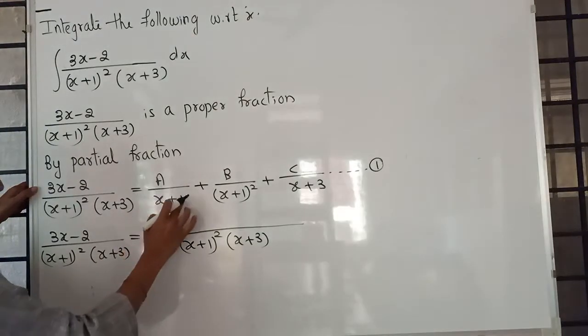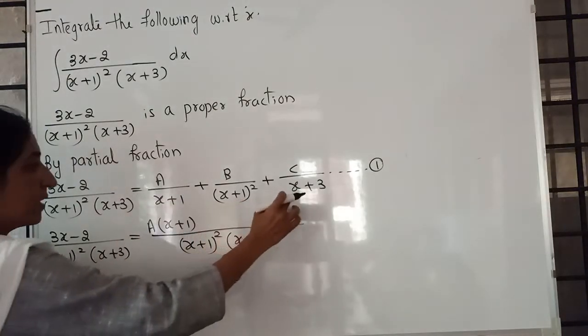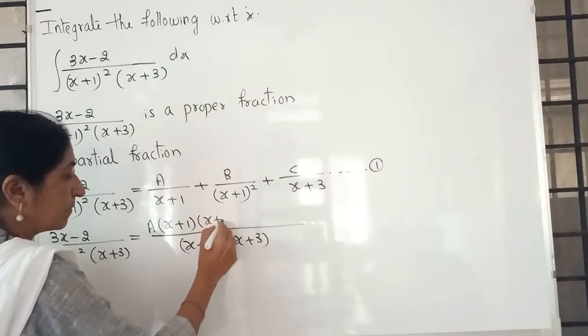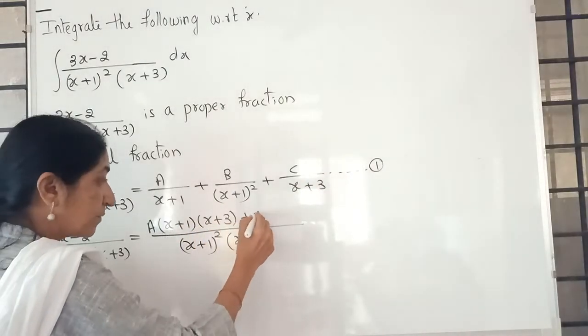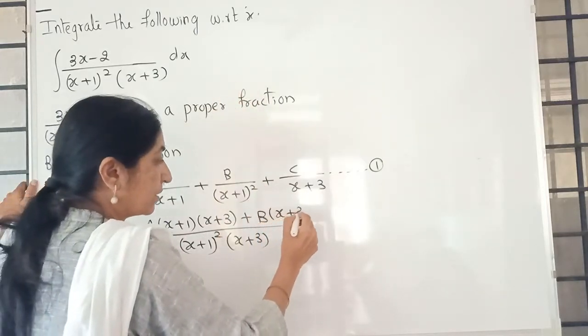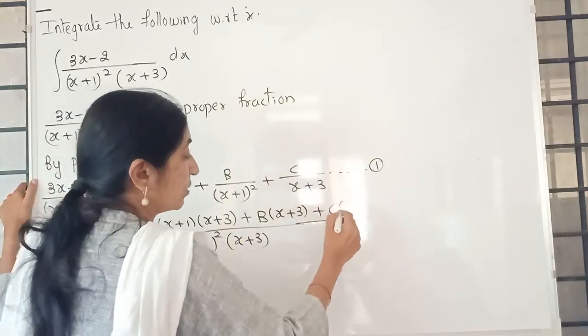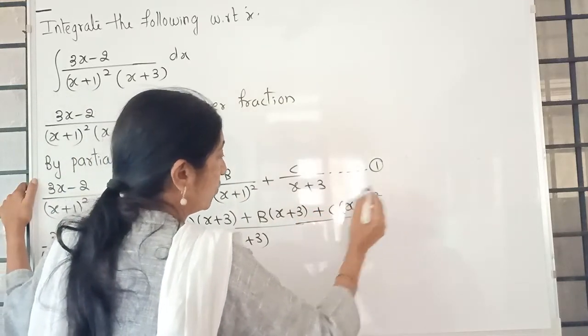With a, already one term of x plus 1 is there, so only one term is multiplied, x plus 3, plus b, already x plus 1 whole square is present, x plus 3, and with c, with the highest term we have to use x plus 1 whole square.